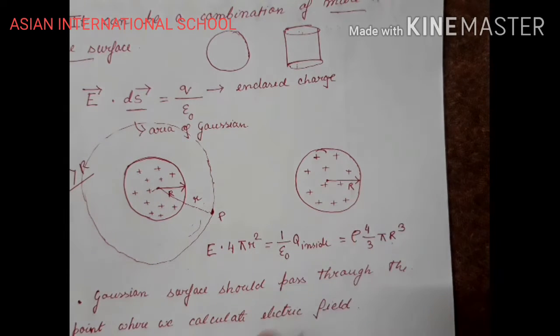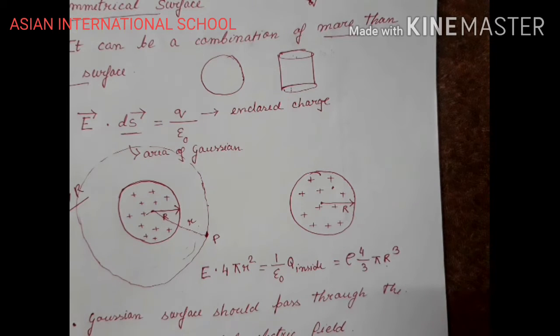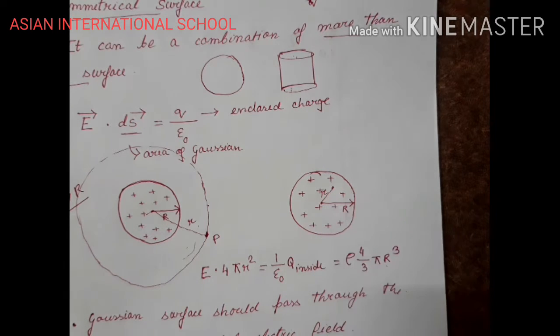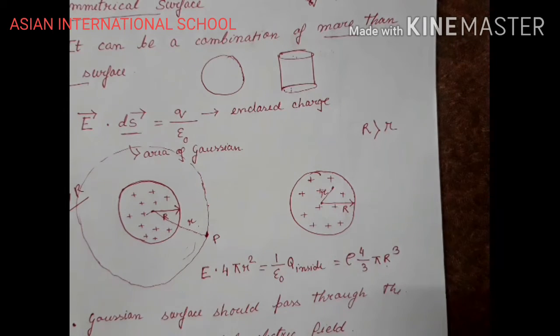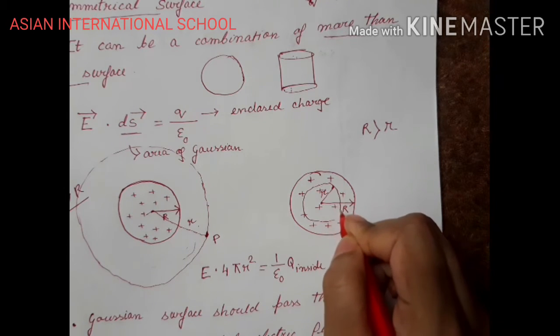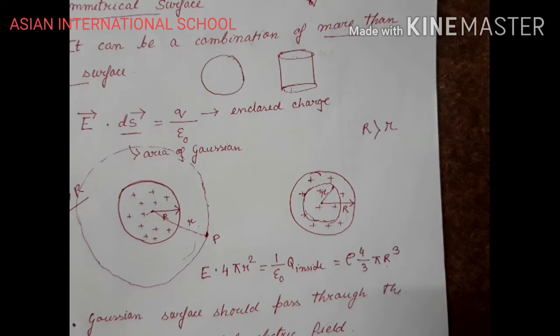Now, if I need to find out the electric field here, which is small r distance away, in this case capital R is much greater than small r. What will I do? I will draw an imaginary Gaussian surface which will pass through the point where I need to calculate my electric field.